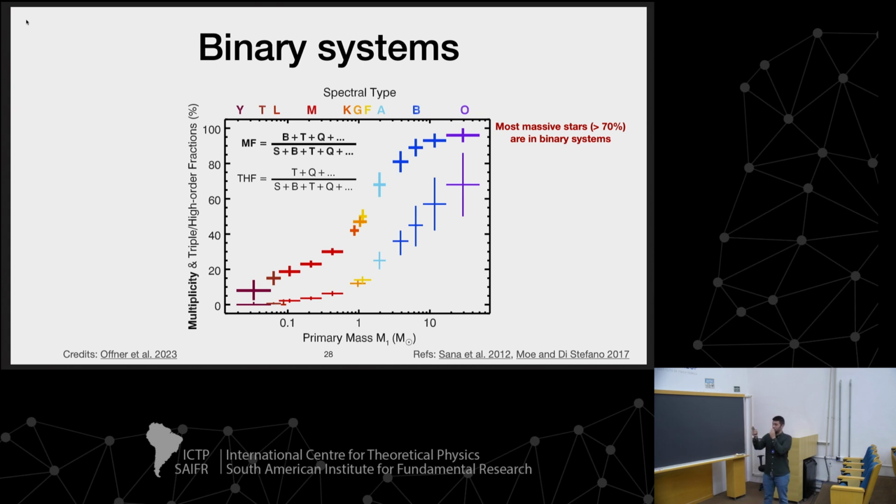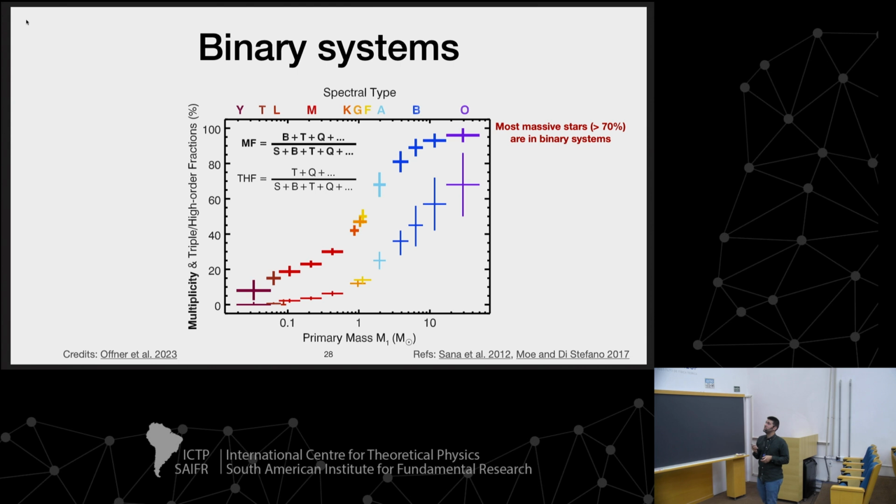In this plot, I'm showing you the primary mass of the star on the x-axis, and on the y-axis the multiplicity, the fraction of stars that are in a system that is at least a binary.